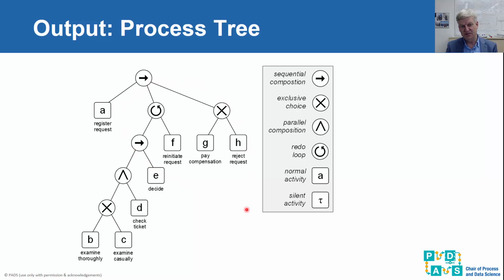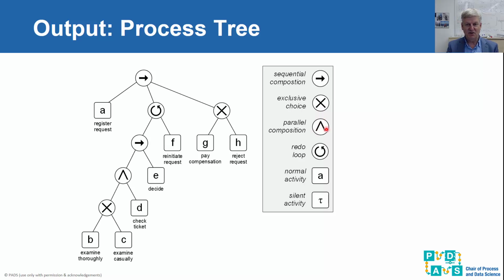And our goal is to learn hierarchical models that are using operators that most of them you're very familiar with. So sequential composition, you can imagine, okay, we have a process which is followed by another process. We have exclusive choice, so we have a choice from several sub-processes and we pick one.